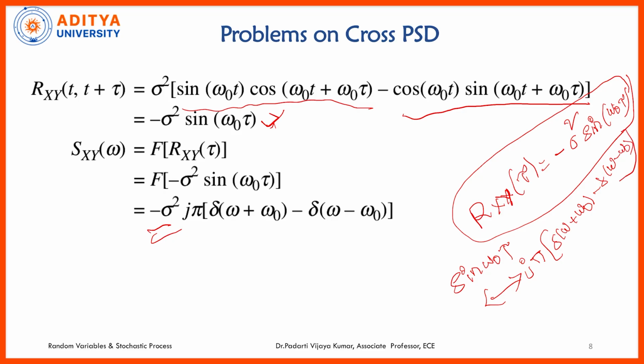So simply by substituting the Fourier transform pair, we can compute the cross power spectral density. So it's always convenient to apply the Fourier transform because the standard Fourier transform pairs are available to us. We can use those in computing the power spectral density.